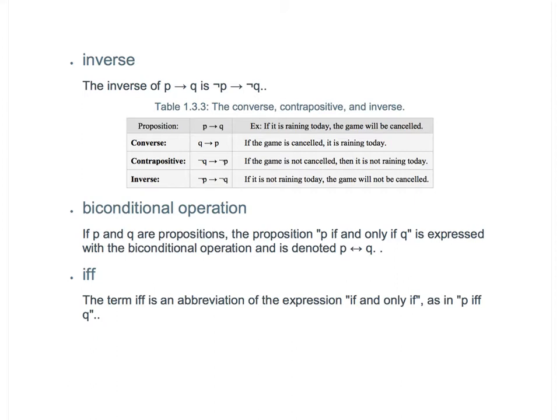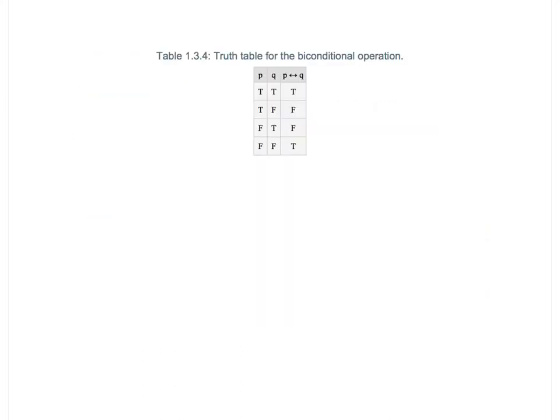So this is another logical operation that we call the biconditional operation, and we read it as P if and only if Q, or sometimes we use the term IFF, which is an abbreviation for the expression if and only if. Therefore, P if and only if Q can be written as P IFF Q, which means the biconditional of P and Q.